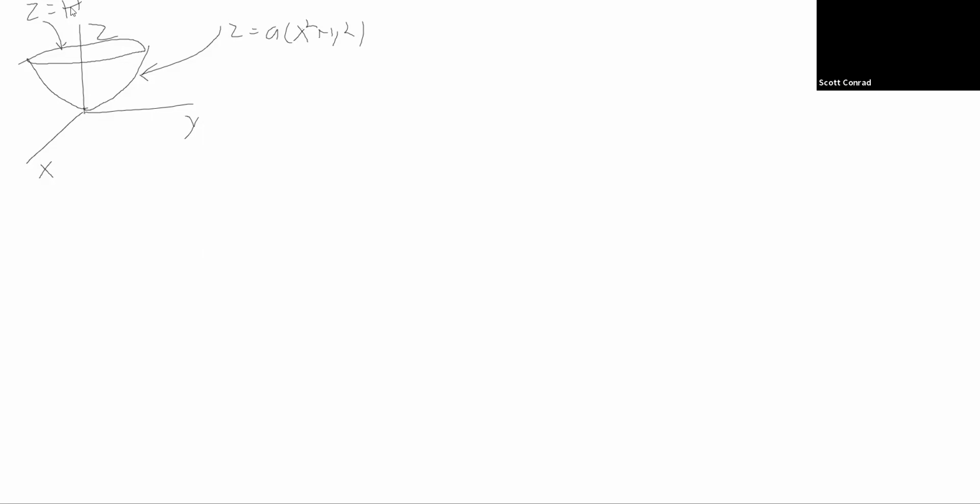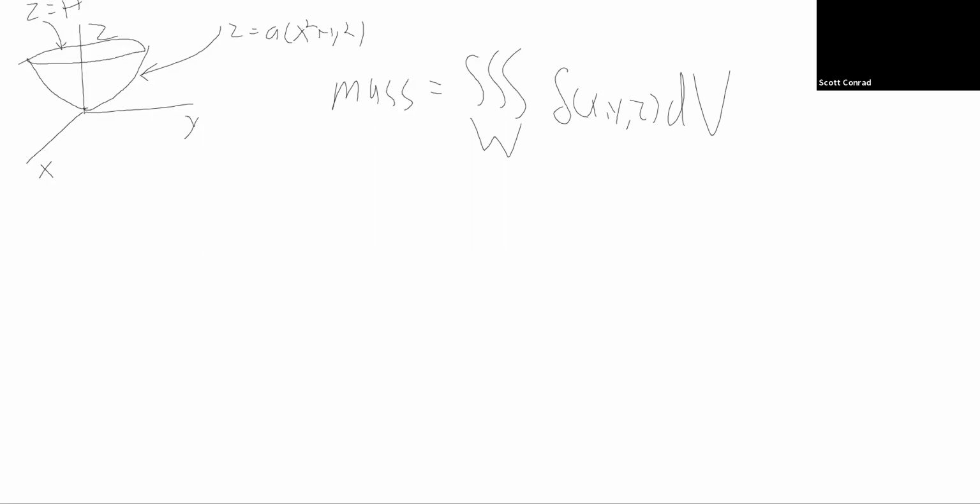So we need to do an integral, right? We know the mass is just going to be the integral over the region W of the density. So we're doing a triple integral. We need to figure out what coordinate system we want to use.